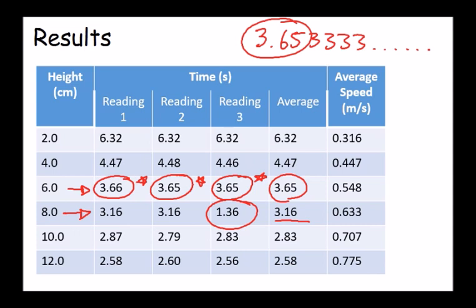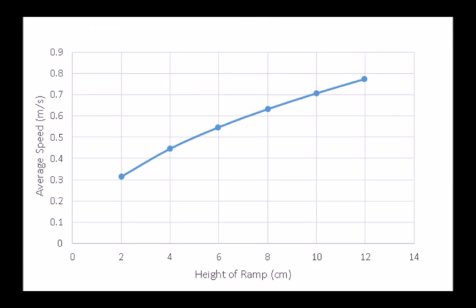Now, looking at those results, I can make a very, very quick conclusion, which is, as we increase the height of the ramp, the average speed down that ramp increases. Now, if we want to make a better conclusion than that, we would need to draw a graph. If we look at a graph of our results, you can see we've got the independent variable, the height of the ramp, along the x-axis here, and our dependent variable, the average speed of the truck down it, on our y-axis.